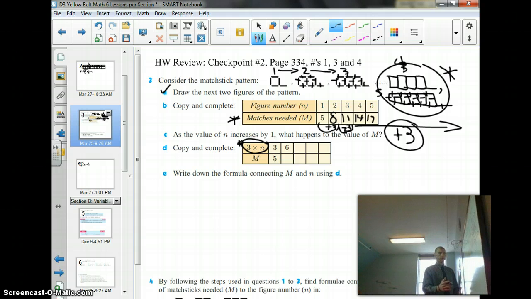There's n equals 1, 3 times n is 3. n equals 2, 3 times n is 6. This is 9. This is 12. This is 15. And m is just going to be the same: 11, 14, 17. m doesn't change. They don't ask us to change m.